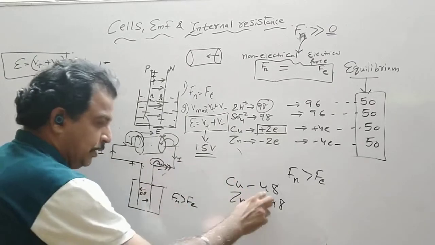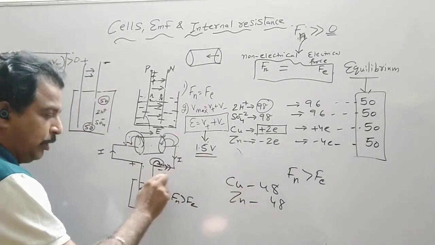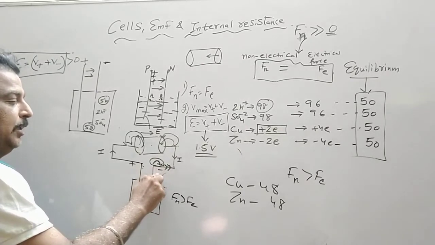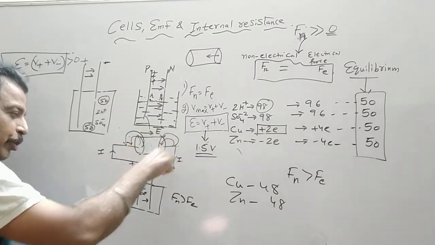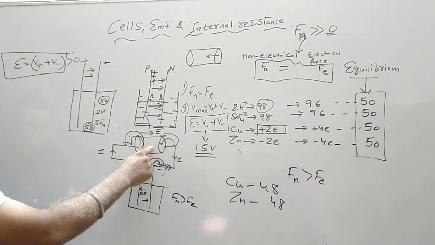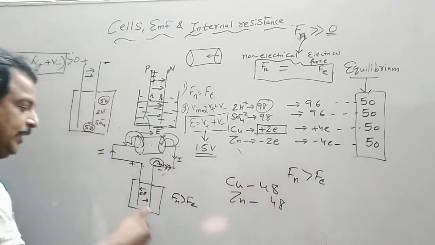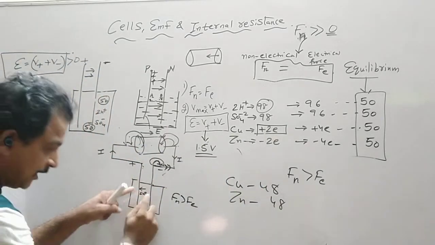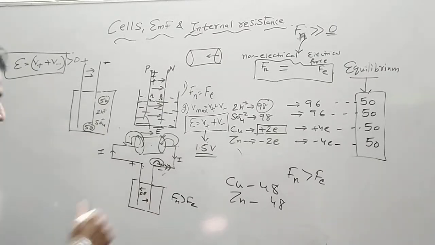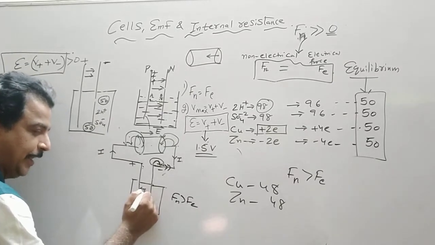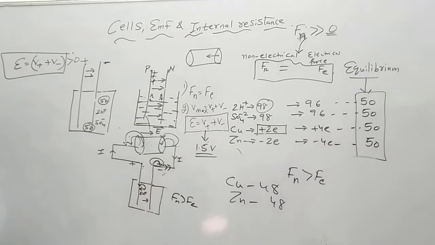Two electrons have moved outside, from the zinc, and have flown through this conductor or resistor, so they become 48. Now they are 50-50. Immediately this motion starts. They take two electrons from this.